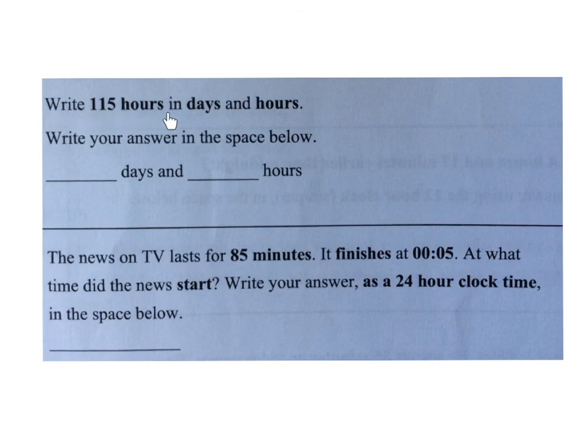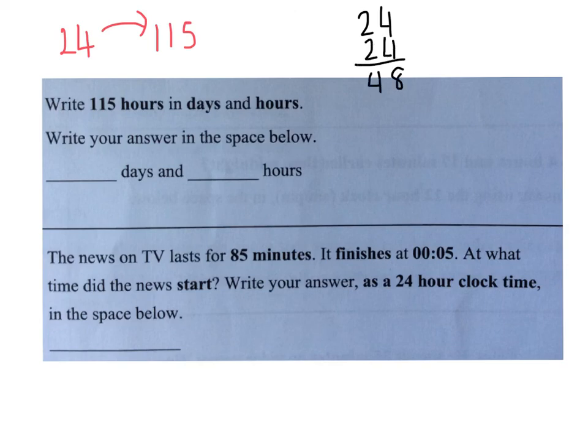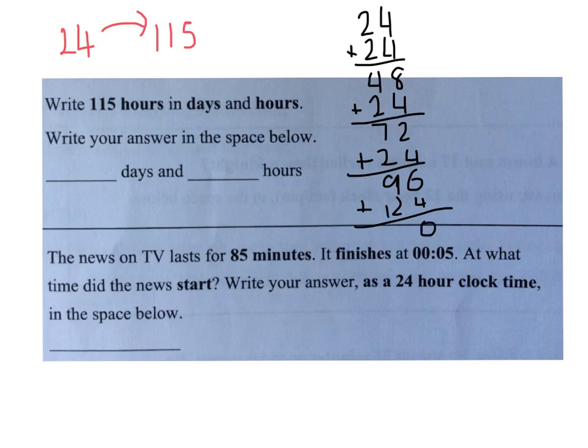Write 115 hours in days and hours. Write your answer in the space below. So it's basically asking us how many 24s are in 115. Quite a tricky division problem, and it's best approached with some repetitive addition. So 24 plus 24 brings me up to 48, plus another 24, 72, plus another 24, 96, plus another 24, and we're now up to 120, which is too far.